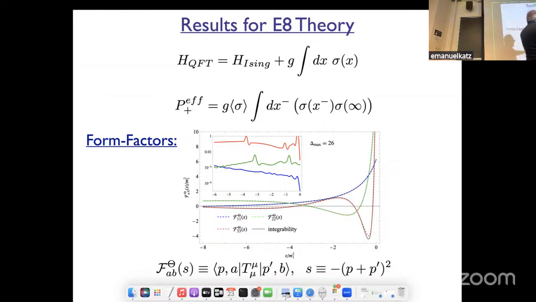And so we can parameterize these form factors in terms of this invariant, and you see that they compare very favorably with integrability. These are measurements of the inside of some particular state, and you see that we agree with integrability.